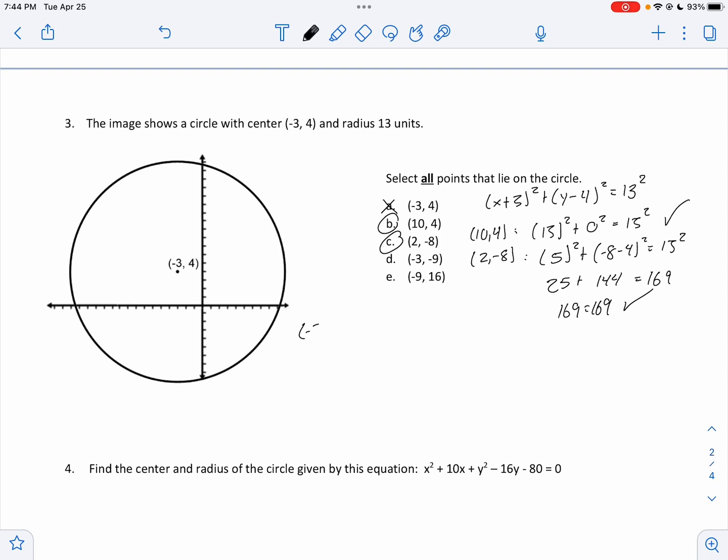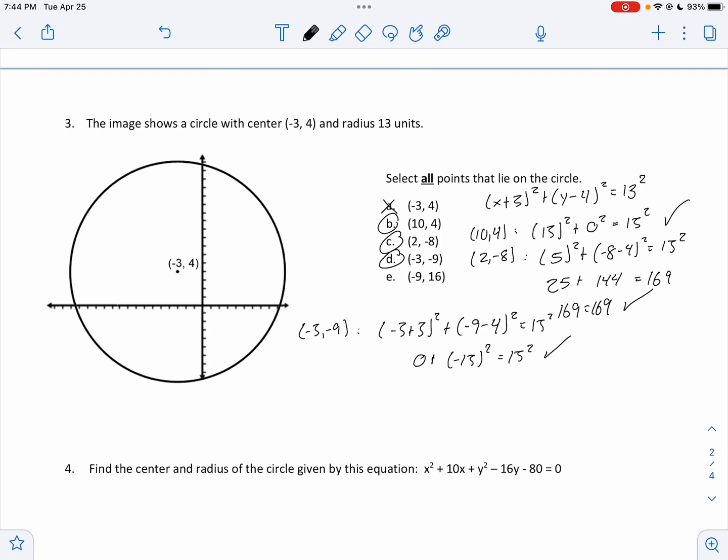Checking the point negative 3, negative 9 gives negative 3 plus 3 squared plus negative 9 minus 4 squared equals 13 squared. And here we end up with negative 13 squared equals 13 squared, which is true.